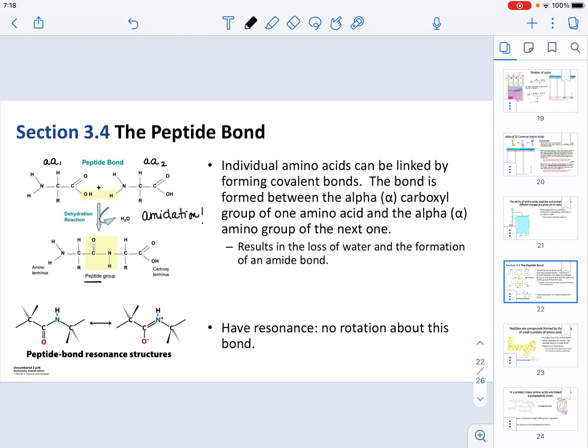And in this amidation reaction is how a peptide bond is formed. If we look at the functional group that is present in a peptide bond, we see that this is an amide bond. If we think about organic chemistry, the way that amide bonds are generated, there's a wide array of reactions.